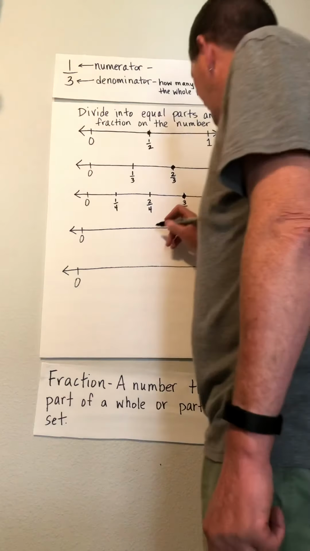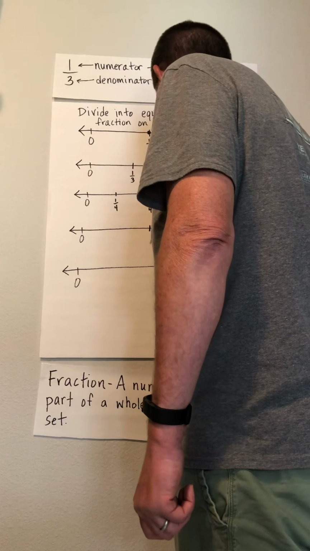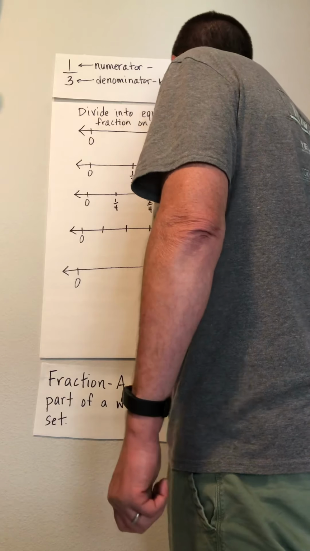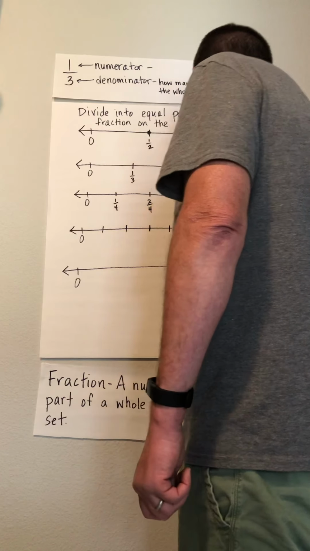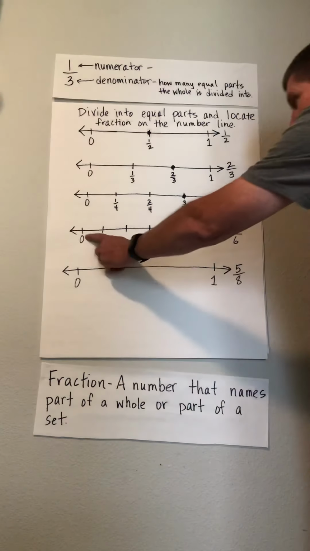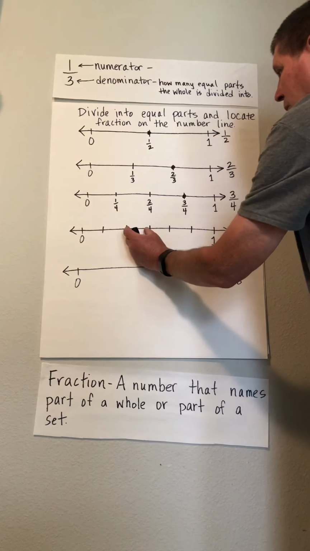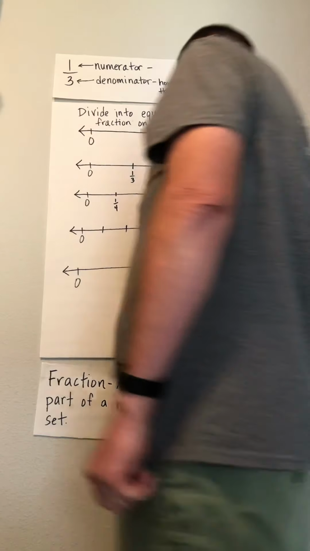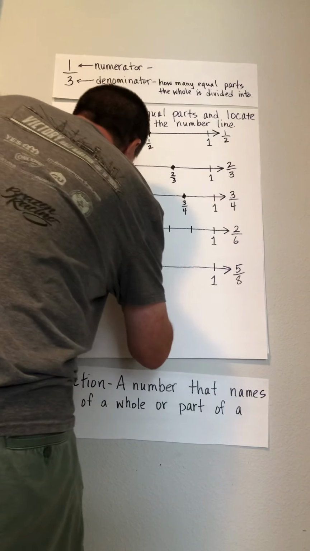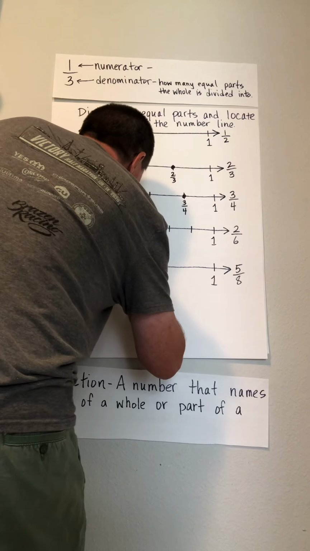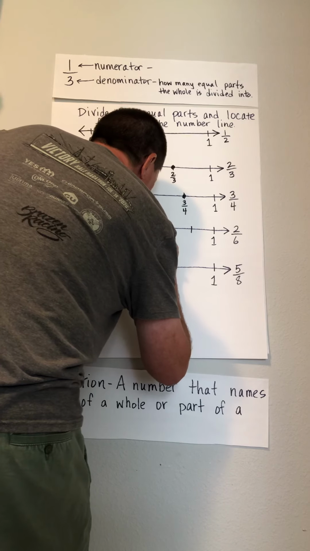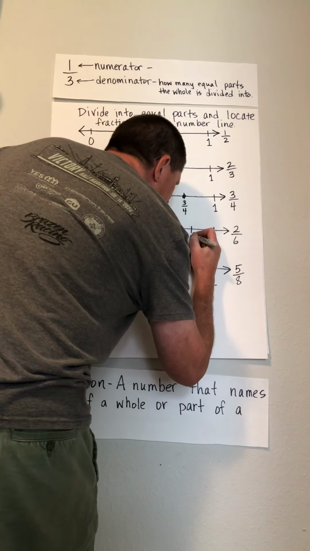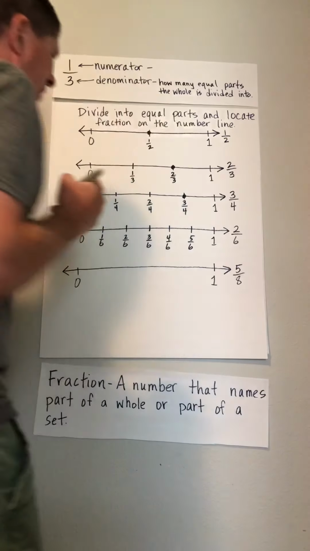Okay? 6ths. 6 equal parts, 5 lines. So I'm going to go again to the approximate middle, and then I'm going to divide each half into 3 equal parts. So we've got 1, 2, 3, 4, 5, 6 equal parts. So now I'm going to label them all. 1/6, 2/6, 3/6, 4/6, and 5/6.